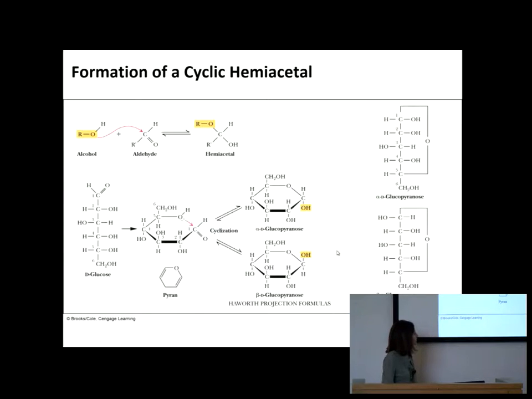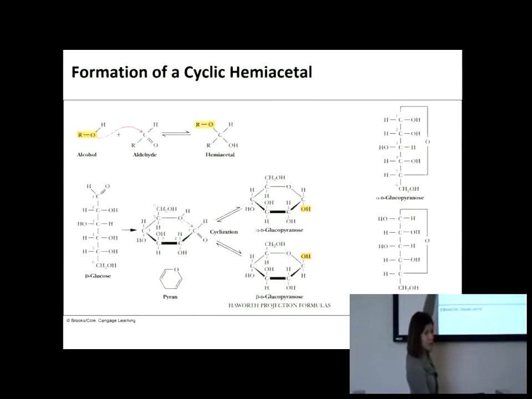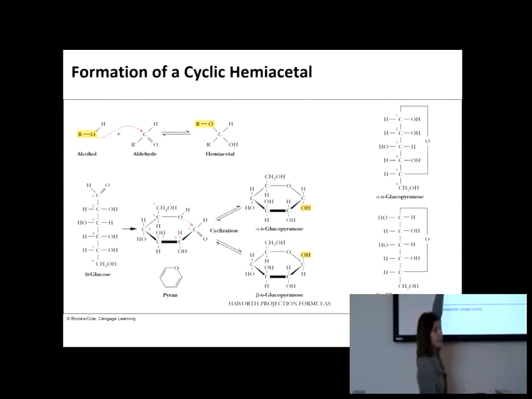Now in nature, my arms are the Fischer projection, or the open chain form. And in nature, if you have a solution of glucose, it goes like this, and then like this, and then like this. So it closes and opens and closes and opens.